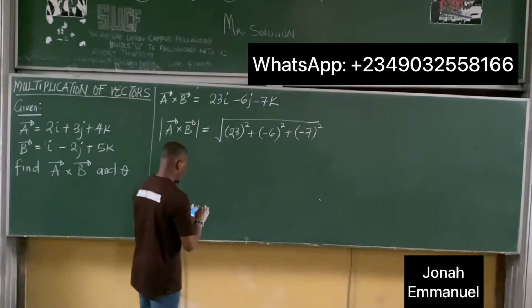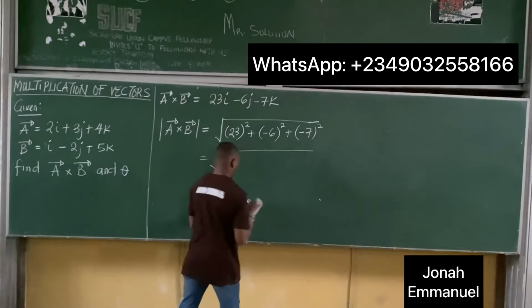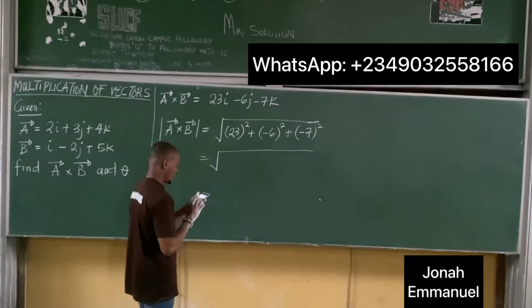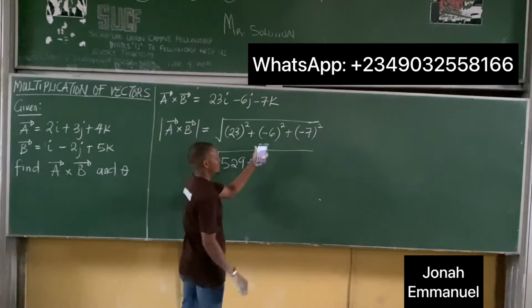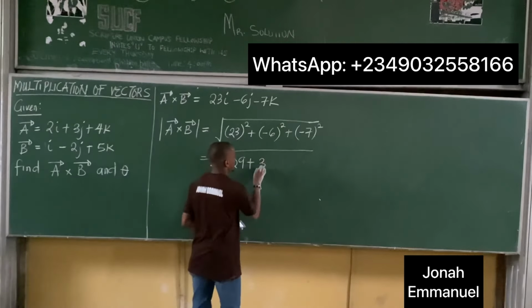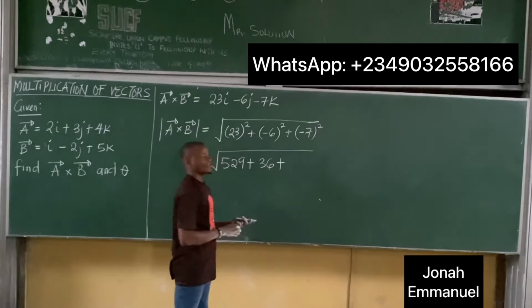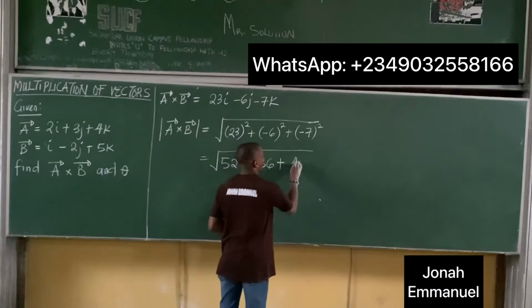Let's punch this. 23 squared is 529, plus minus 6 squared means minus 6 times minus 6, which is 36, plus minus 7 squared means minus 7 times minus 7, which is plus 49.